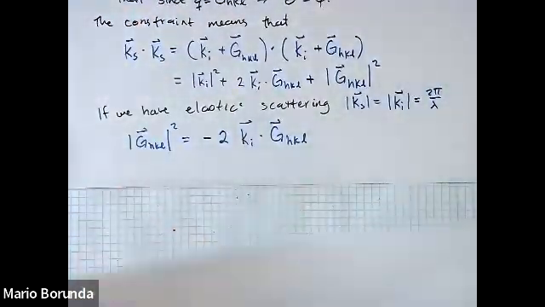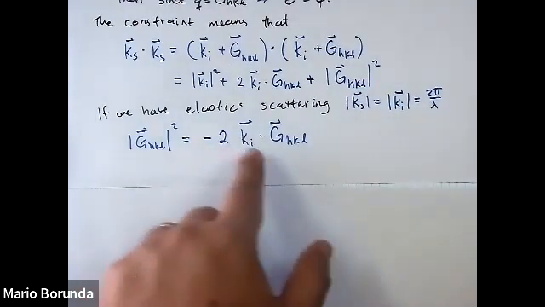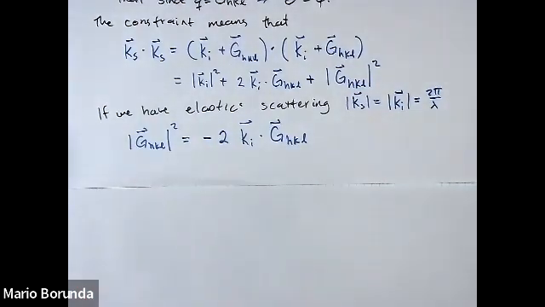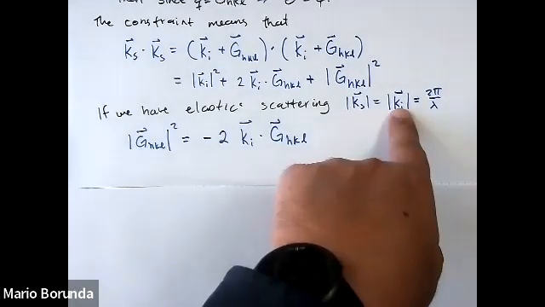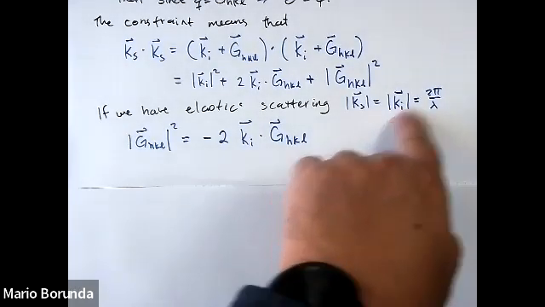So then we grab that guy. If I have that, I know this guy, right? Ki is 2 pi over lambda.